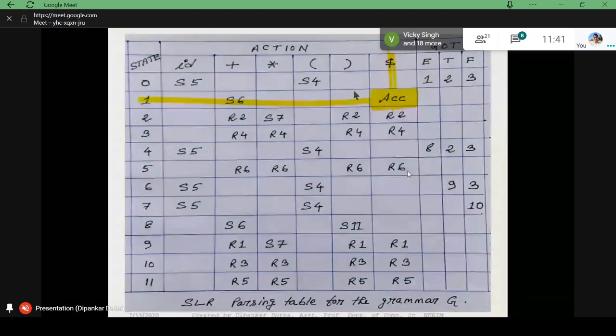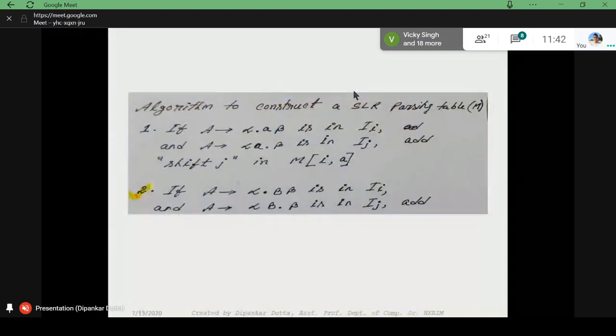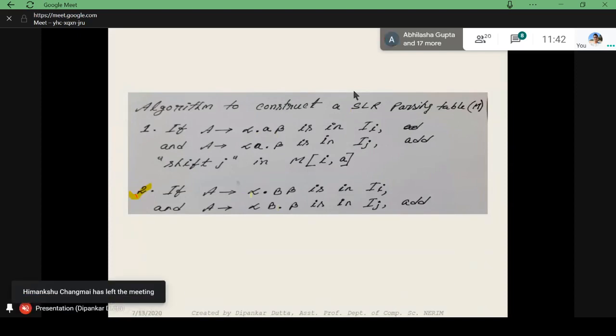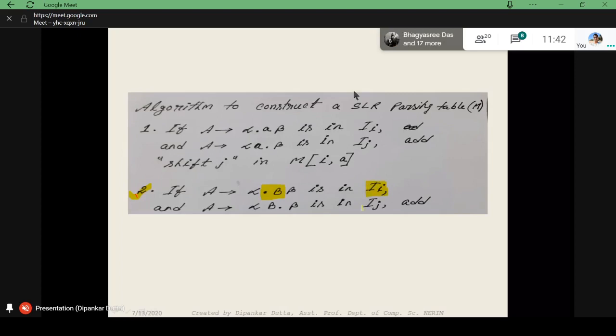Then come to rule number 2, very simple again. If you have understood this concept of shift, then it will be very easy for you. This is the third case of canonical item set: if A implies alpha dot B beta, that means dot followed by a capital letter, and it is in Ii, very simple. Then we have to look for B: A implies alpha B dot beta, and it is available in Ij.